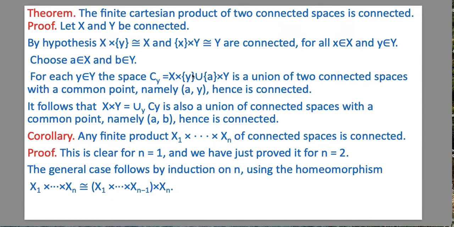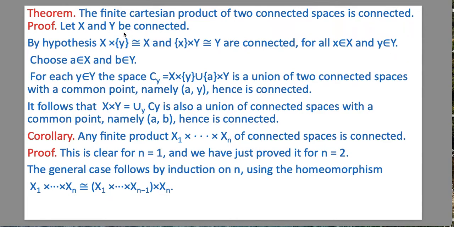Hence, it is connected. It means X cross Y is equal to the union of C_y, where y varies over Y, which is also a union of connected spaces with a common point (a, b). Hence, X cross Y is connected.